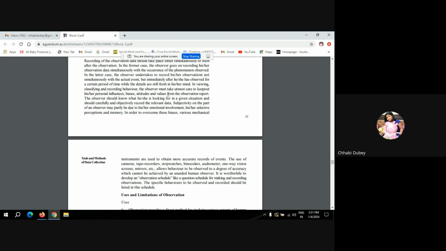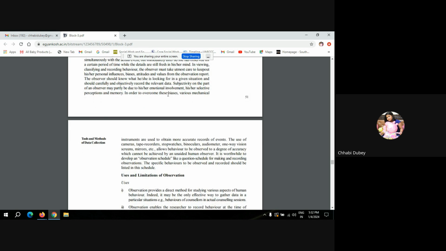For example, mechanical instruments like stopwatches, tape recorders, cameras, binoculars, audiometers, screens, mirrors, all these can be used in order to observe to a greater accuracy. And these observations are very important in the data collection process.